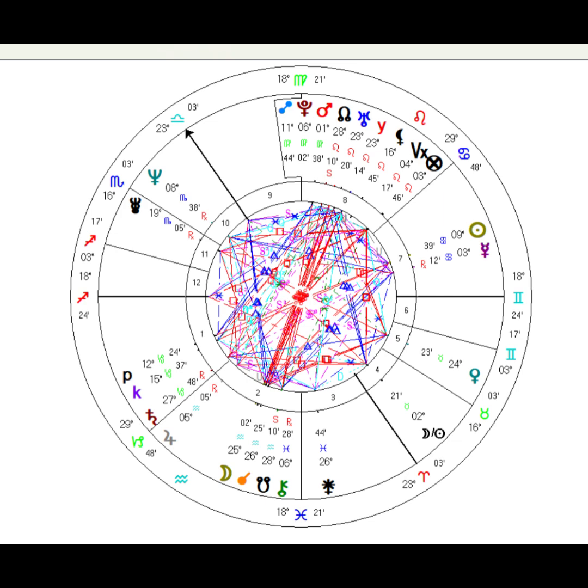Solar arc directions offer an elegant predictive system, translating the symbolic movement of time directly into the structure of the natal chart. When interpreted carefully, they can reveal the periods when partnership themes are most likely to unfold in a person's life.